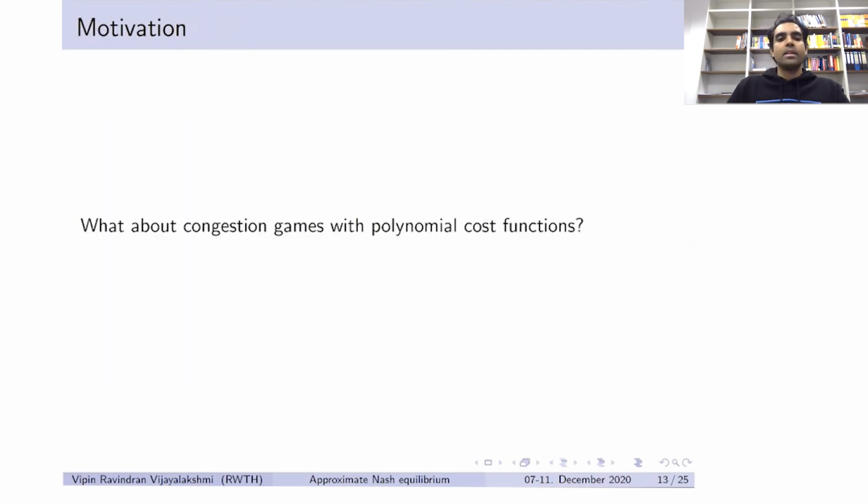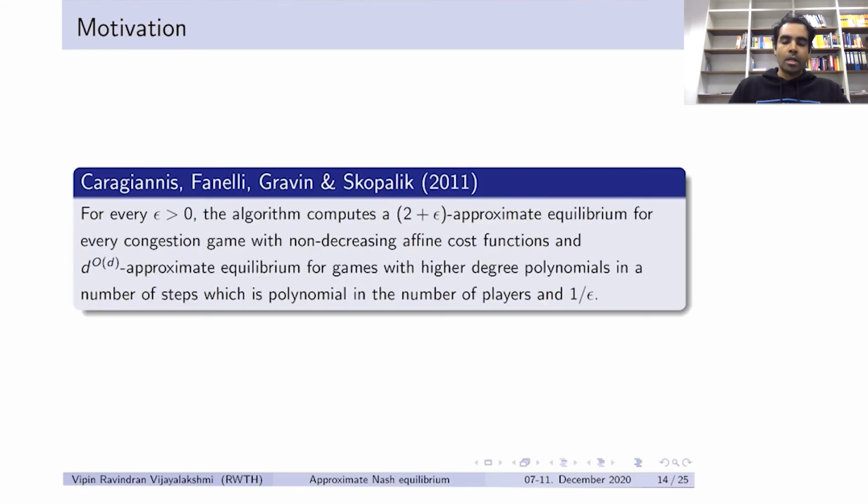So let's say we restrict our congestion games to have only polynomial cost functions. Then can we come up with good constant factor approximate pure Nash equilibria that can be computed efficiently? Caragiannis, Fanelli, Gravin, and Skopalik in their seminal paper show that for polynomial congestion games, a constant factor approximate pure Nash equilibrium can be computed in polynomial time.